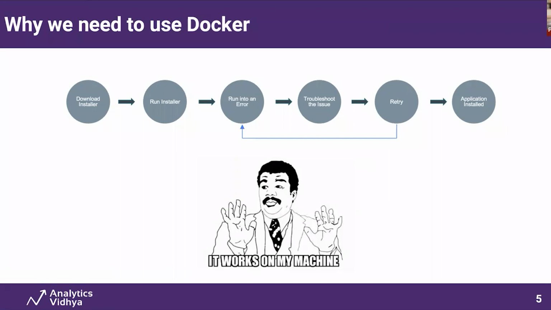The issues crop up from the difference in the underlying operating system or the file structure, or there could be a number of reasons, but the program doesn't run. But if you run it on your machine as a developer, it works perfectly fine.